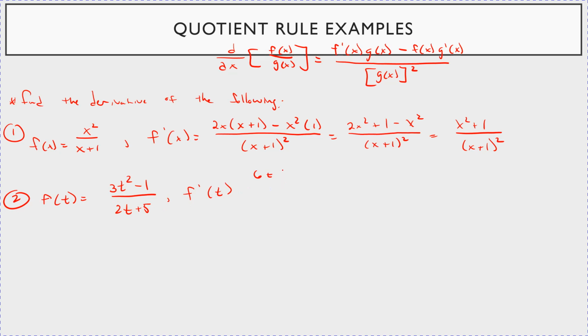Multiply by the denominator, 2t plus 5, minus, leave this alone up here, 3t squared minus 1 times the derivative of the denominator, which would just be 2, all over 2t plus 5 squared. All right, so you have to clean this up.